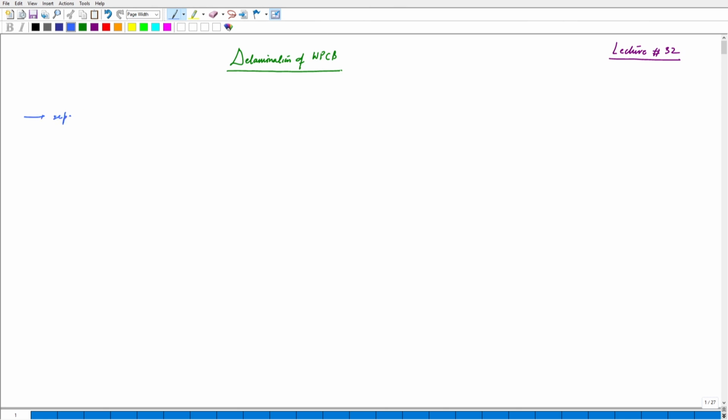Separation of ECs, electronic components, is done after, of course, and then we can go for the delamination. And separation of ECs is done after the removal of solder joints.